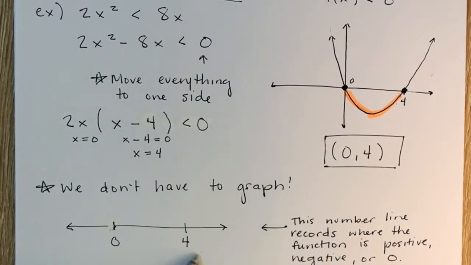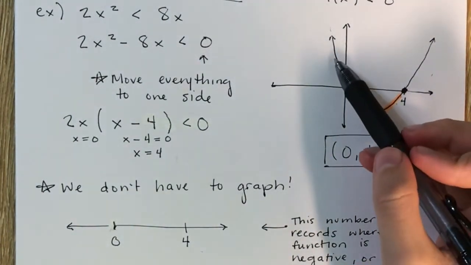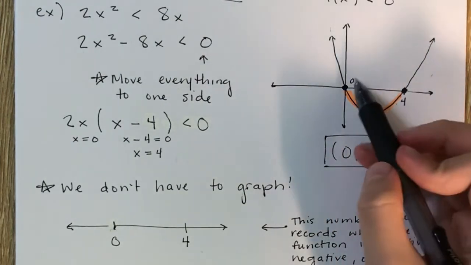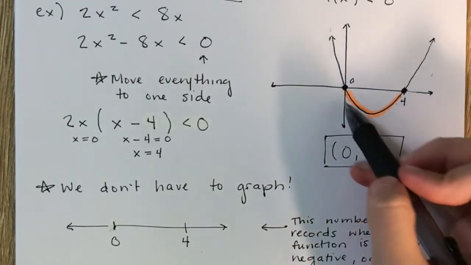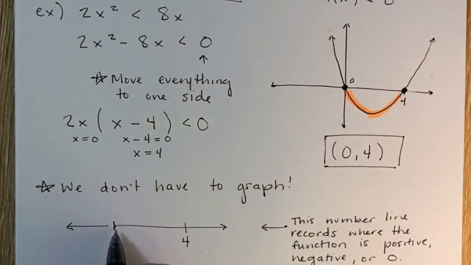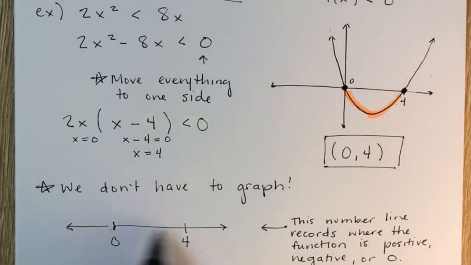So we are equal to 0 here. And we know that in order to change from being positive to negative, we have to pass through the x-axis. So these are the only places where we change from being positive to negative, potentially.